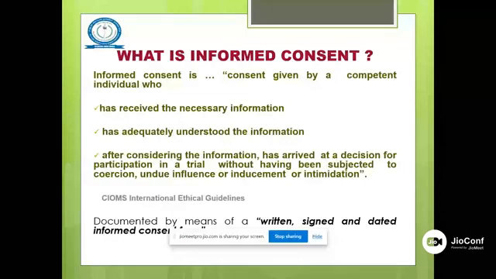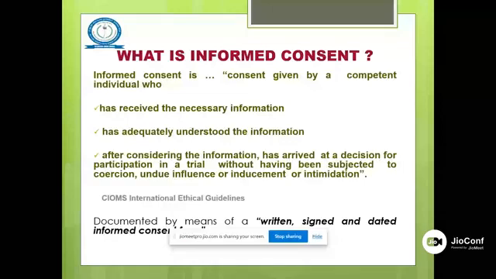Okay. Yes. So, informed consent is a consent given by a competent individual. Here, I would highlight a competent individual who has received the necessary information, who has adequately understood the information, and after considering the information, has arrived at a decision for participation in the trial. Here, information is information regarding the trial, that is, what are all the objectives of the trial, what will be its methodology, how many groups will be formed, and so on.